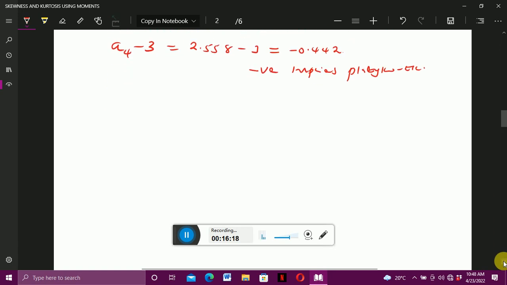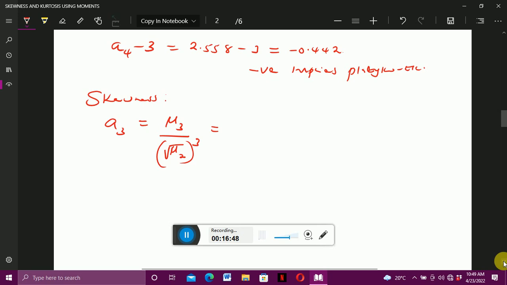That is good. So we move ahead now and investigate the skewness of the data. And skewness is given by this coefficient, which we call E3. It's given by mu3 over the square root of mu2, and that square root of mu2 again is cubed.